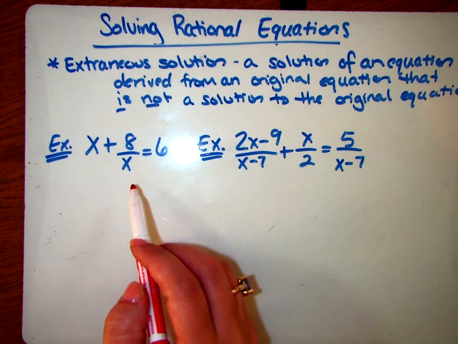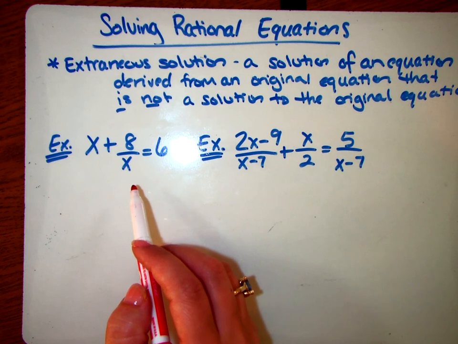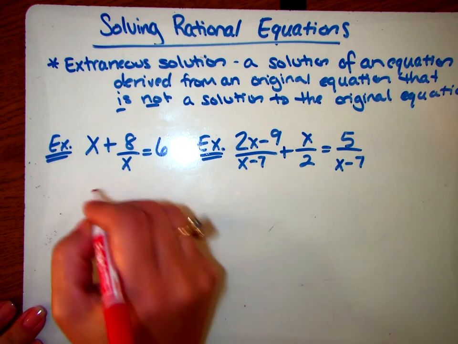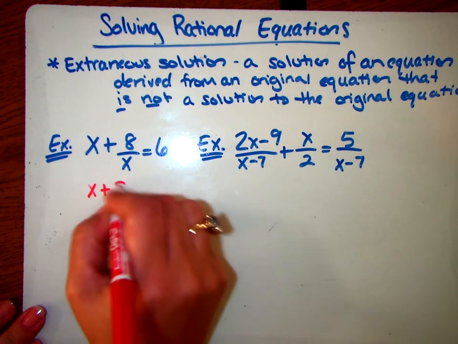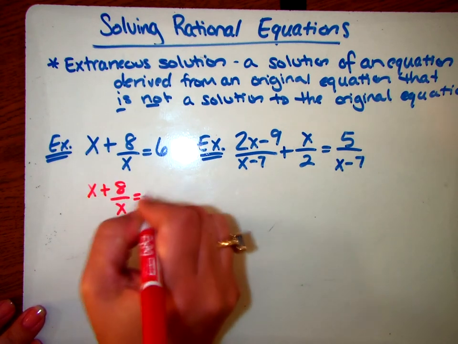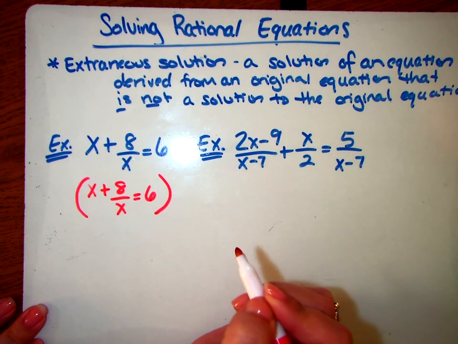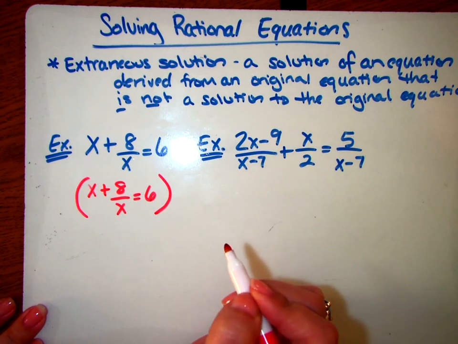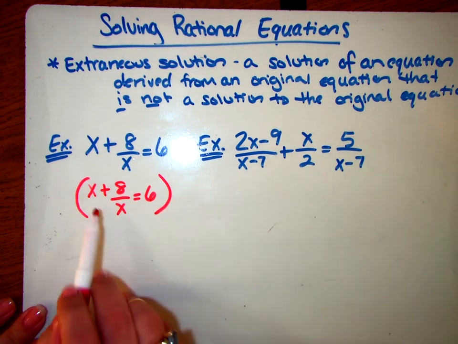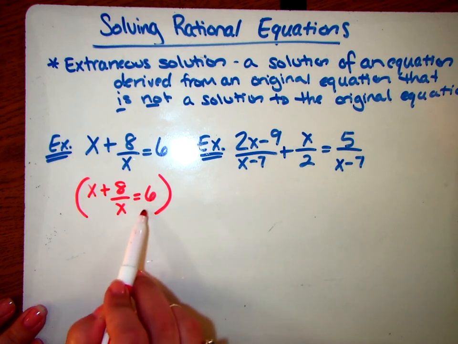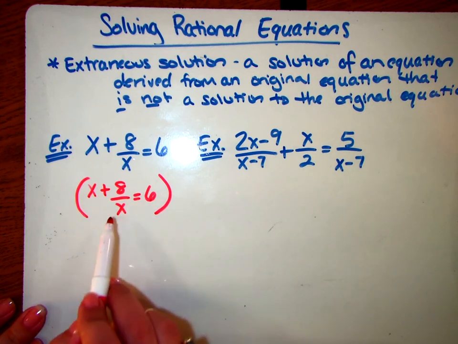Now, when we solve, we want to make it easy for ourselves. Not a lot of people like to solve equations with fractions. So the fastest way to get rid of a fraction when you're solving is to multiply the entire equation by whatever you see in your denominator. If these were all fractions, x over 1, 6 over 1, really the only thing in my denominator is that x.